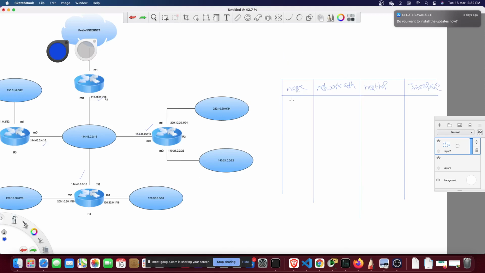Here, remember, we should write the routes in longest mask order. Why is that? Like I said, if I take a mask 0, it matches any IP address, because the prefix is 0.